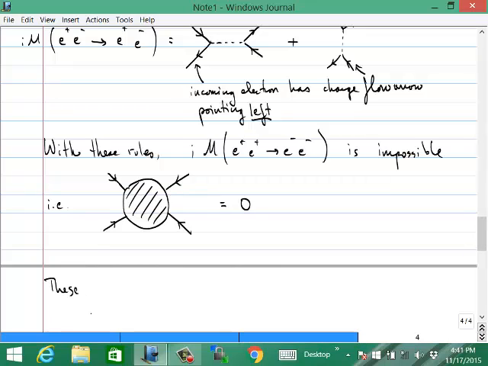Previously we used arrows to mark up our Feynman diagrams, but the arrows that we used previously were momentum flow arrows that indicated which direction momentum was flowing. And these are not the same as charge flow arrows. The charge flow arrows are not the same as momentum flow arrows.